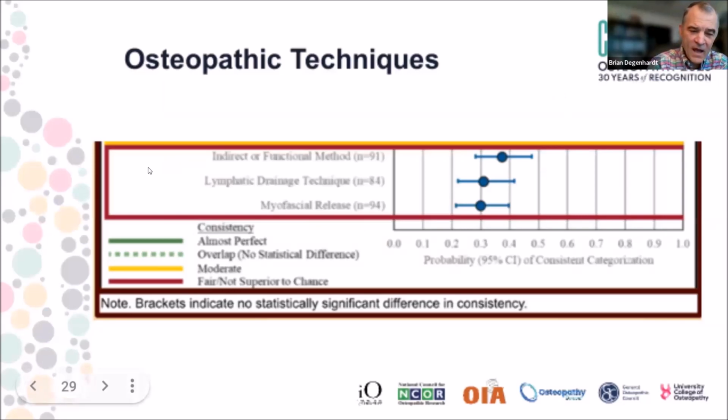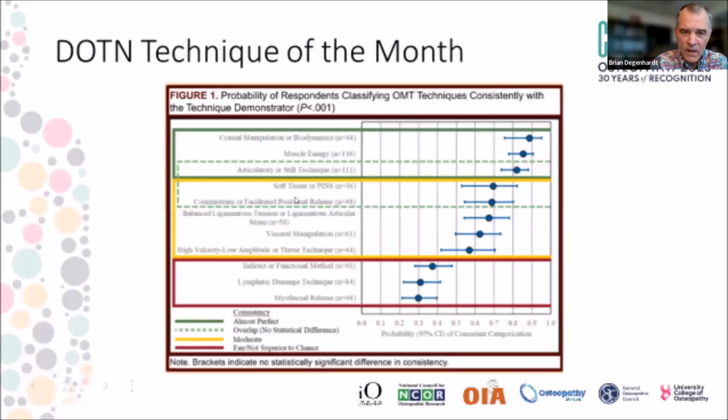And so what we found was, here in this green box, were those that had almost perfect consistency. Cranial was our number one; muscle energy, articulatory or still technique fell within being at least 80% or better consistency in identifying that name for that technique.